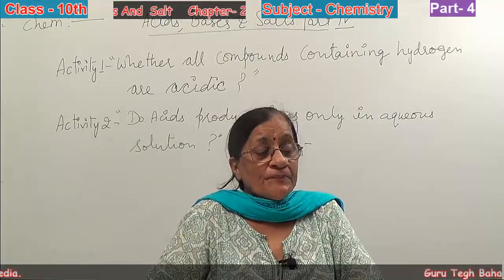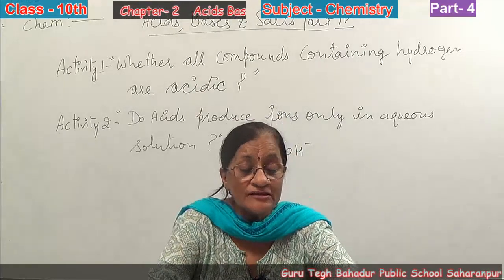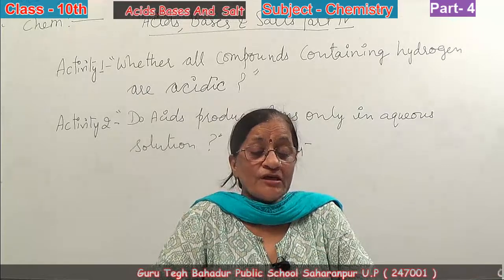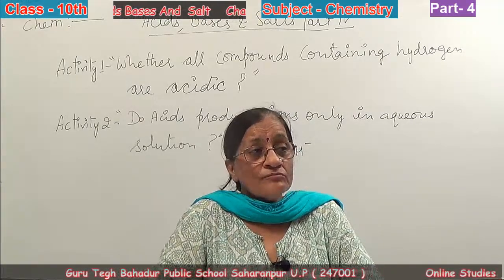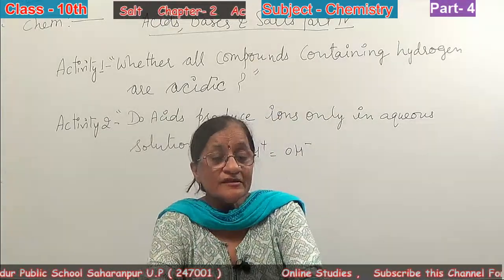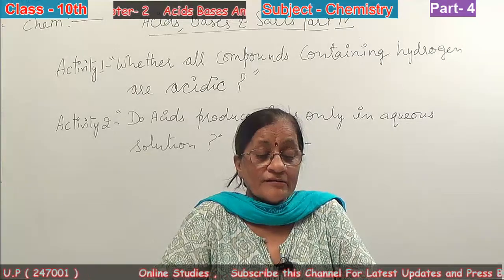In pH, P stands for Potenz in German, meaning power, and we can measure pH from 0 to 14. 0 means very acidic and 14 very basic or alkaline.